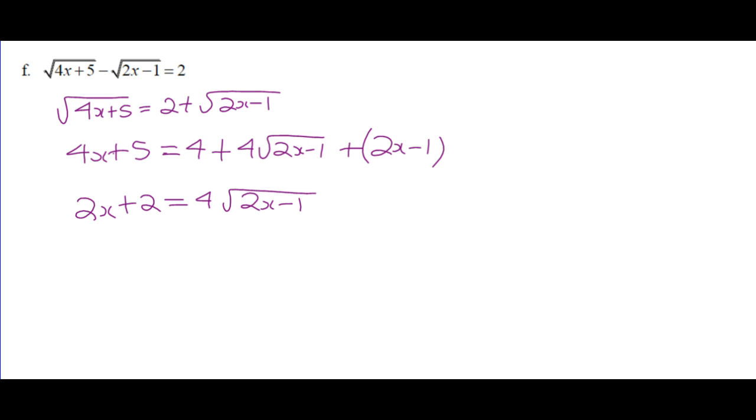So if we want, we could simplify this a little, right? What could we do? You could divide everything by 2, right? If you wanted to. Okay. You don't have to, but at some point, that's got to come out.